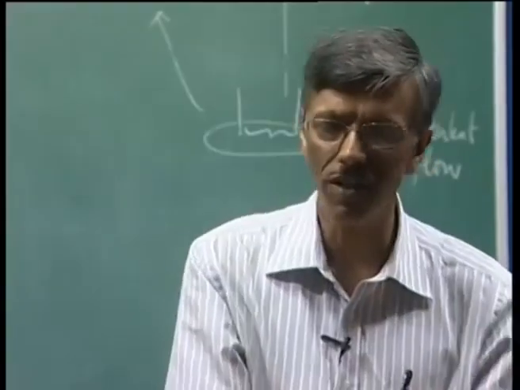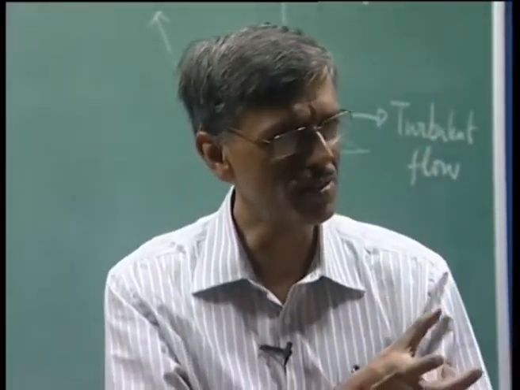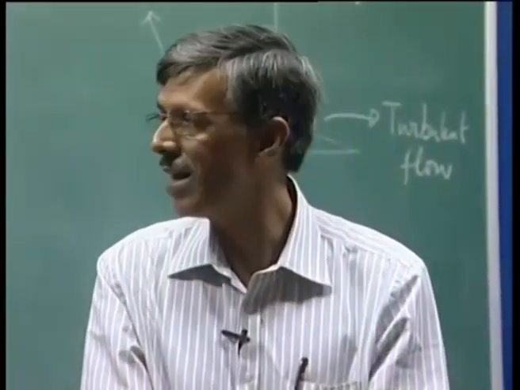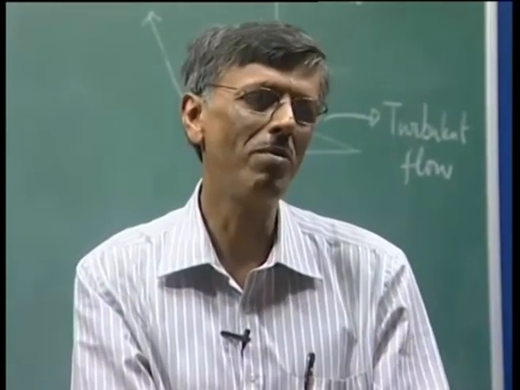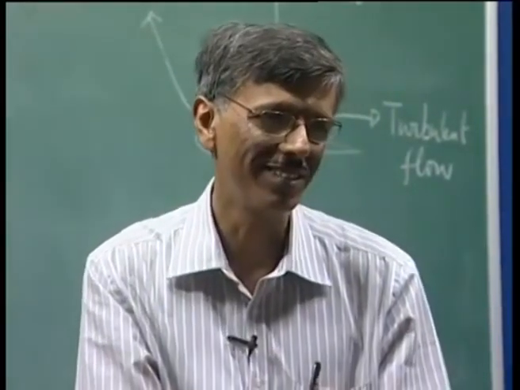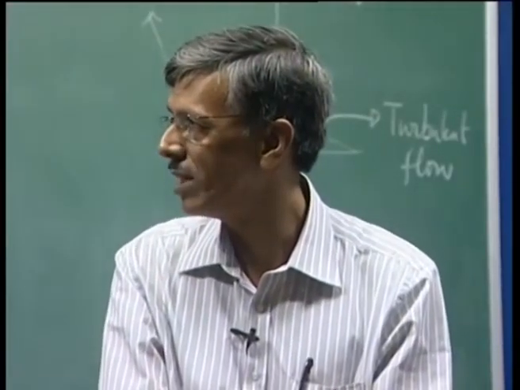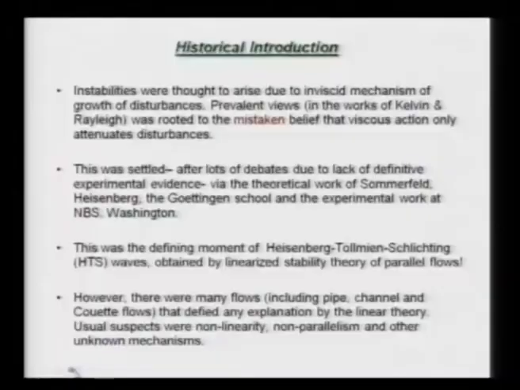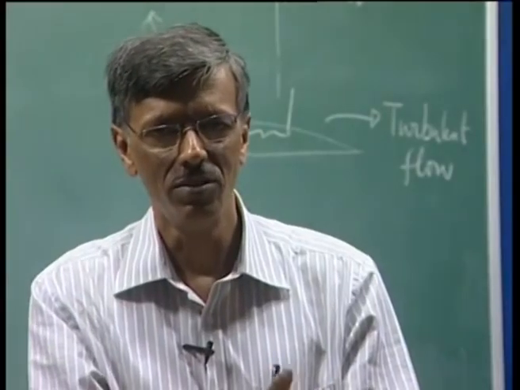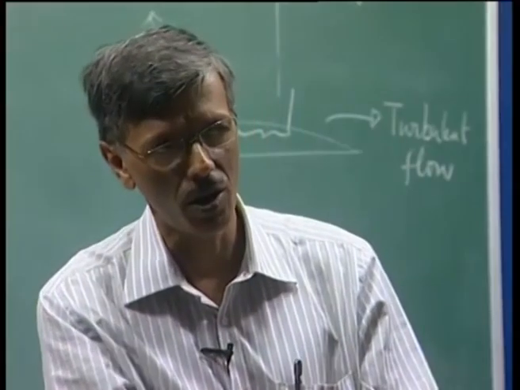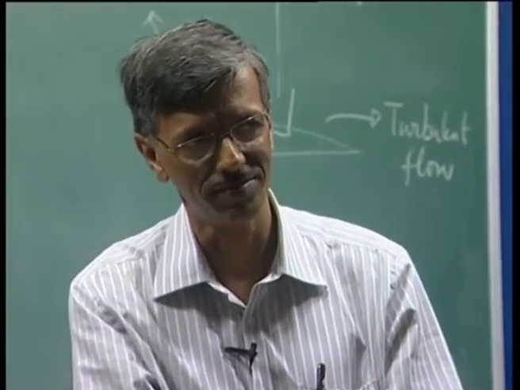This Orr-Sommerfeld equation is a central piece today, but in those days nobody thought that was necessary, because I told you that the viscous action only attenuates disturbance. So, there was absolutely no need for adding in complication through the viscous action, right.